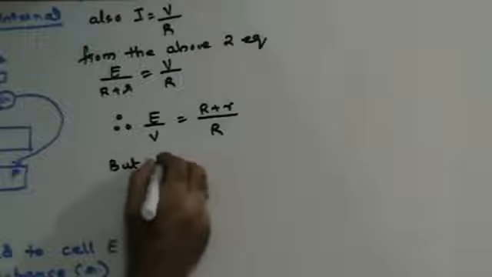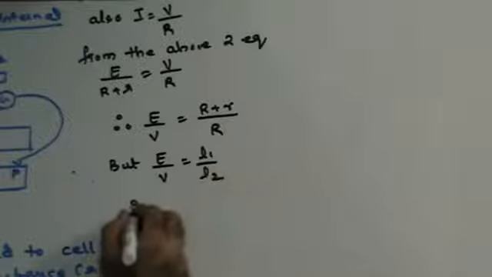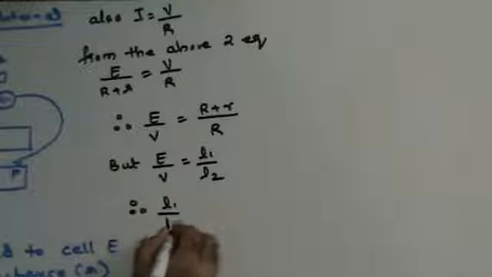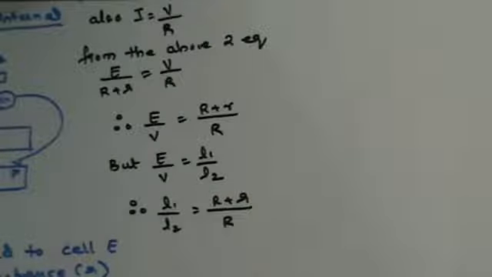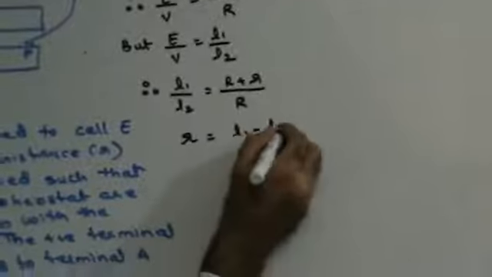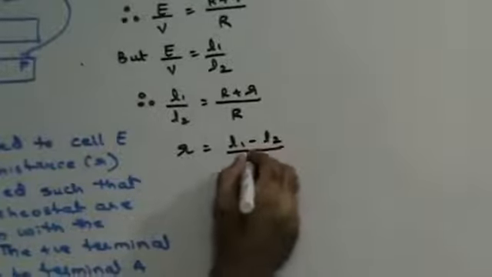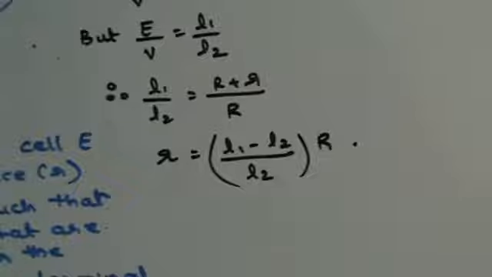Therefore L1 upon L2 is R plus r upon R. If I simplify this, I'll get r is (L1 minus L2) upon L2 into R. That's how you find out the internal resistance of a cell. Fine, do we get this clear?